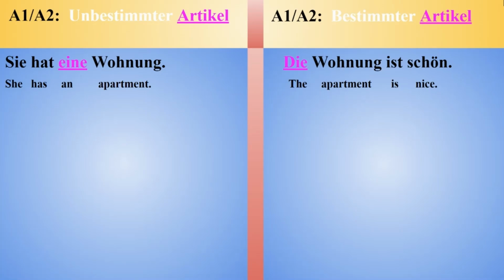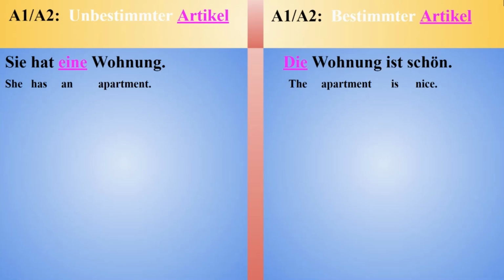Whereas in the case of indefinite articles, that is unbestimmte Artikel, just as the name suggests, we are not talking about any particular thing, property, or person, but just an apartment. That's why we use the unbestimmte article or indefinite article here.